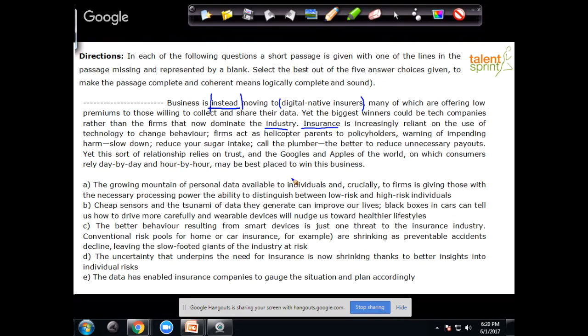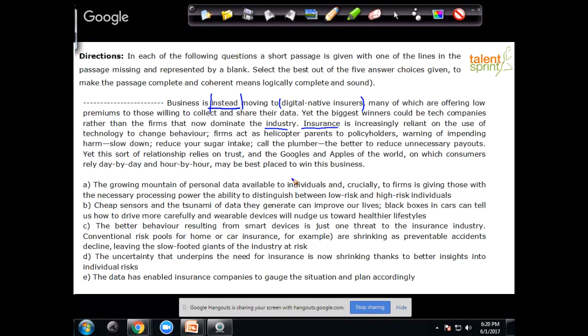So the previous sentence has to connect to some methodology which was something a little archaic, a little old fashioned, something which required it to transition to this stage of digital, right?